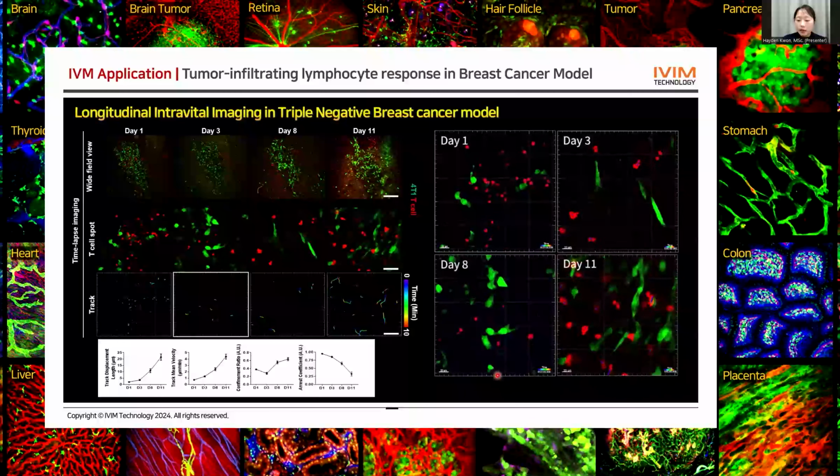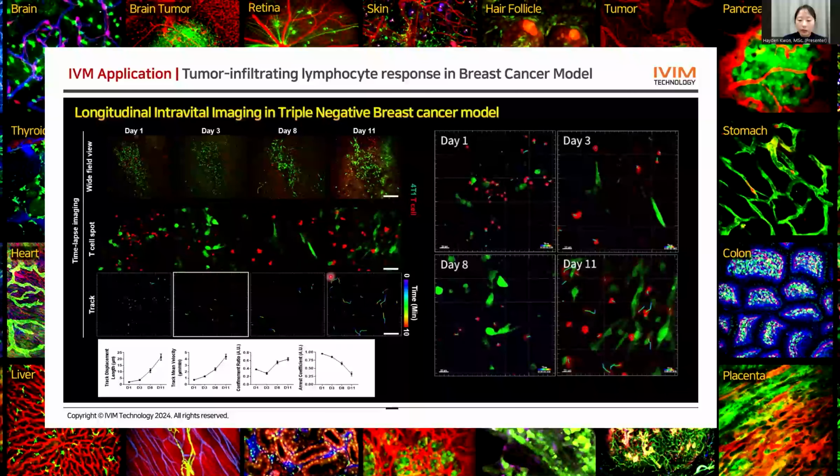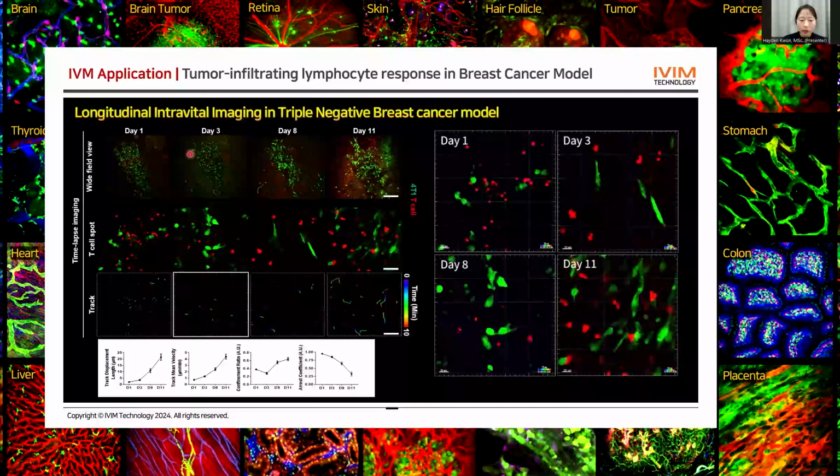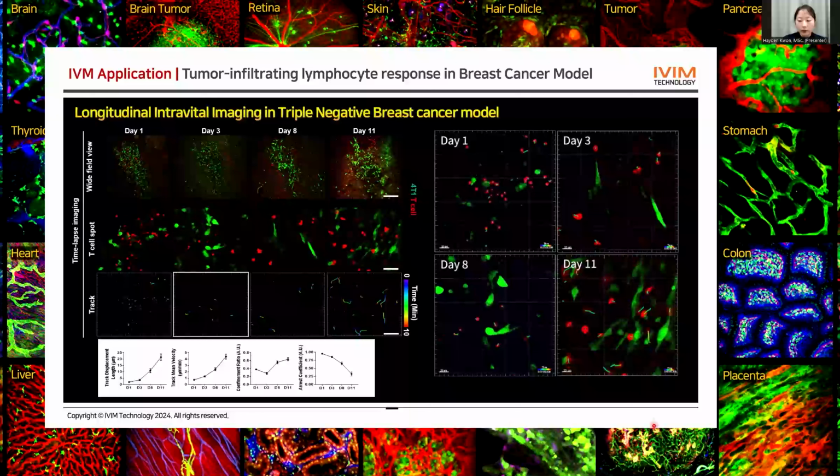As shown in the left image, we were able to visualize the activity of tumor-infiltrating lymphocytes for each day. Additionally, through time-lapse imaging on each day, as shown in the right video, we were able to track the infiltration of tumor-infiltrating lymphocytes.